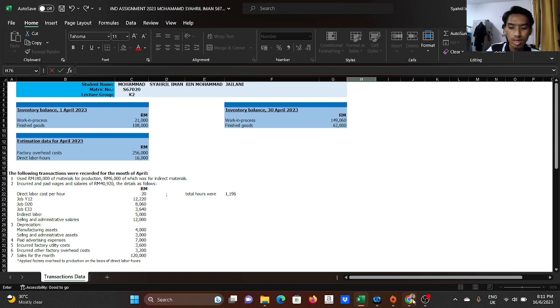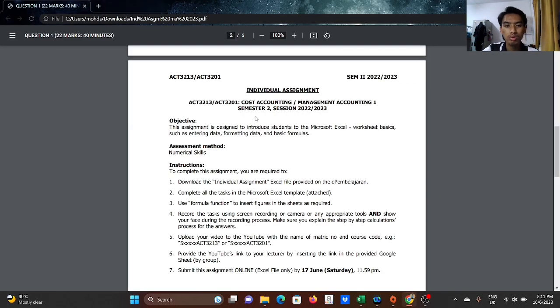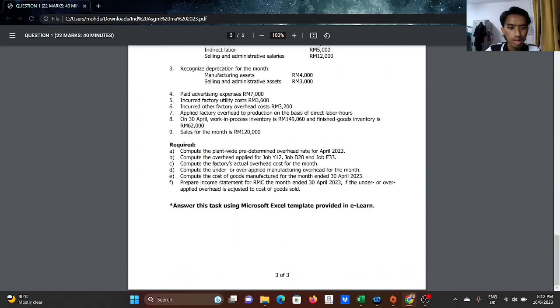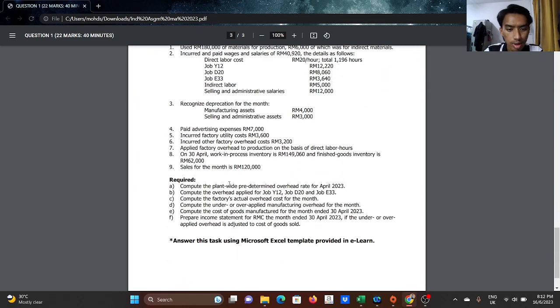Okay, today I want to show you how to do the solution of the individual assignment of Cost Management Accounting 1. For the first question, which is A, compute the plant-wide predetermined overhead rate for April 2023.